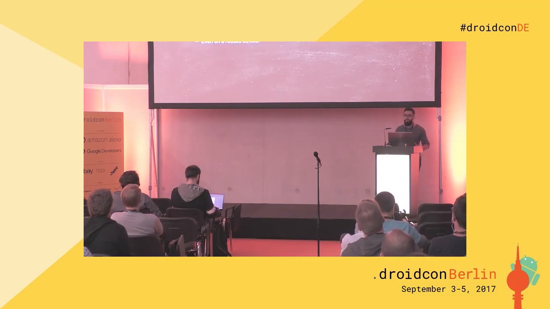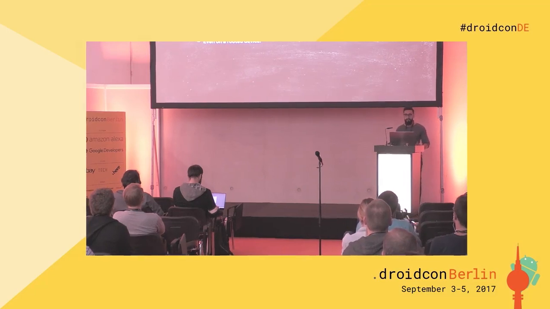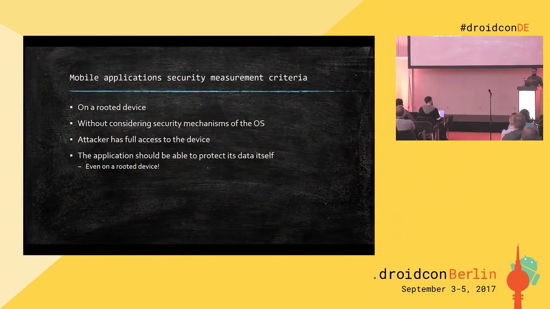Before I start our main topic, I need to explain how we measure security of a mobile application. Basically, when we test the security of a mobile application, we suppose an attacker has full access to the device.